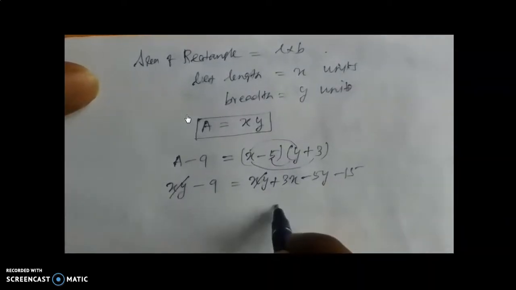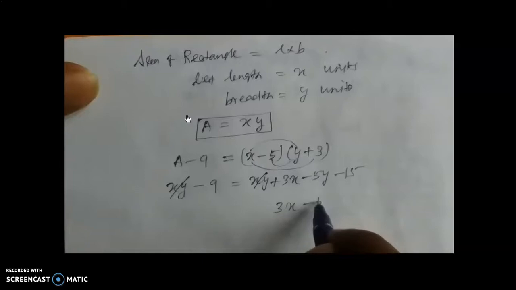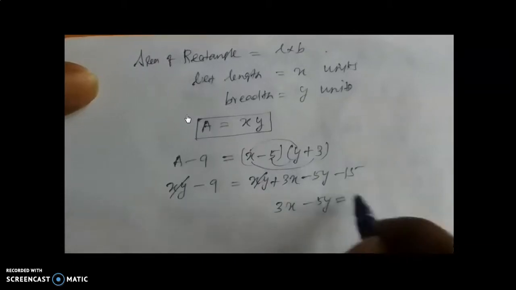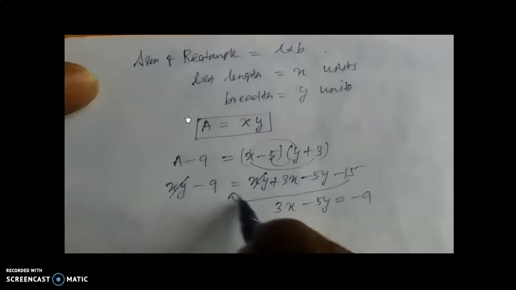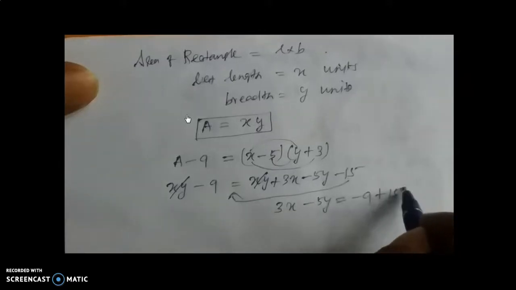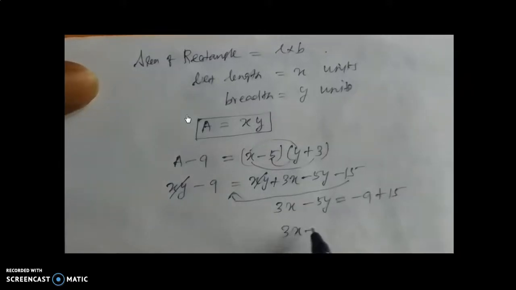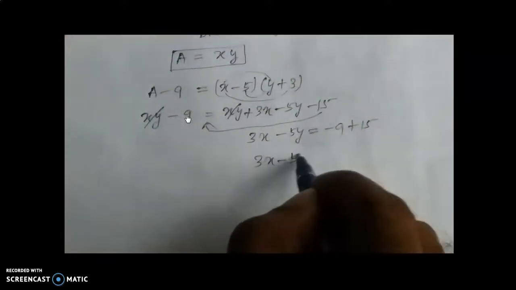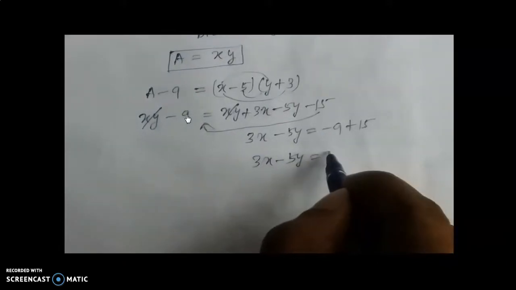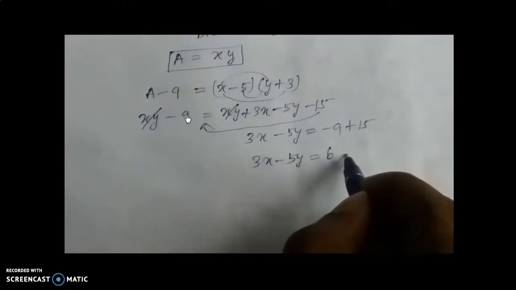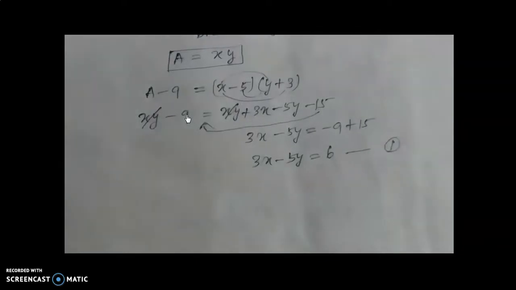So 3x minus 5y equals minus 9, transpose the 15 to the left side, it becomes plus 15. So 3x minus 5y equals minus 9 plus 15, which is 6. So that is equation number 1.